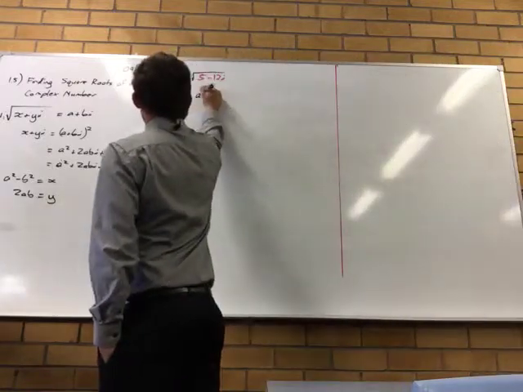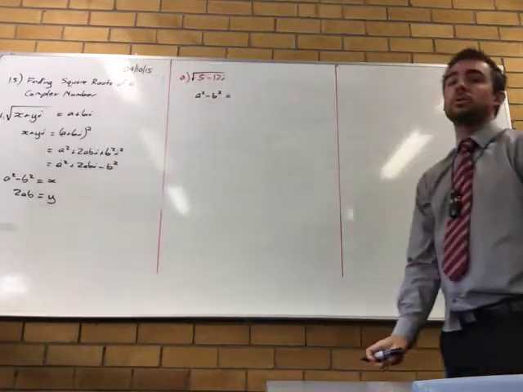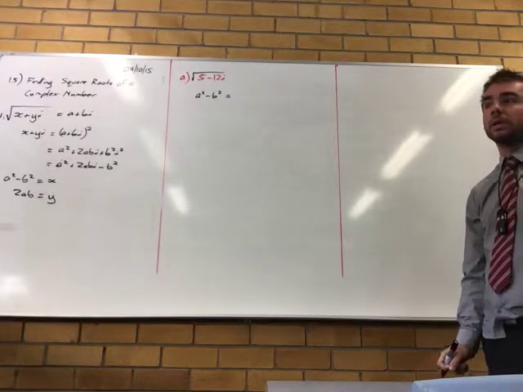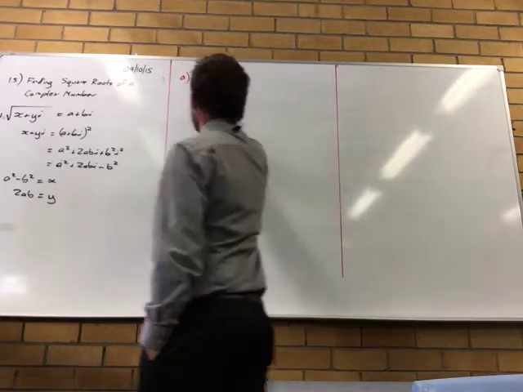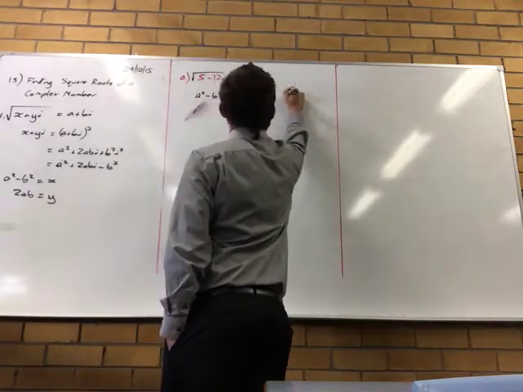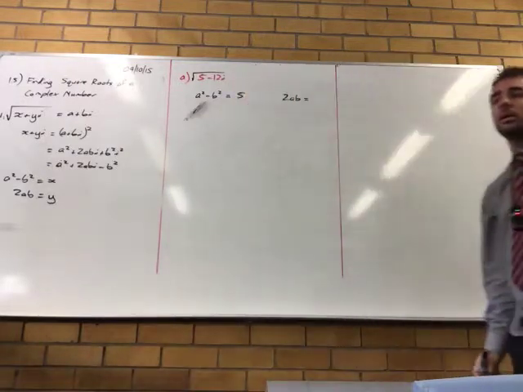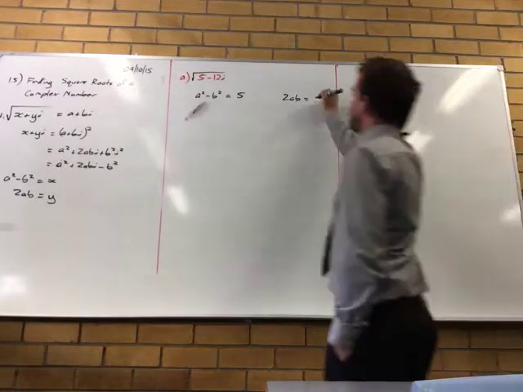So a squared take away b squared is equal to x, which is the real part of your complex number, which is 5. And 2ab, the imaginary part, is y, which is -12.